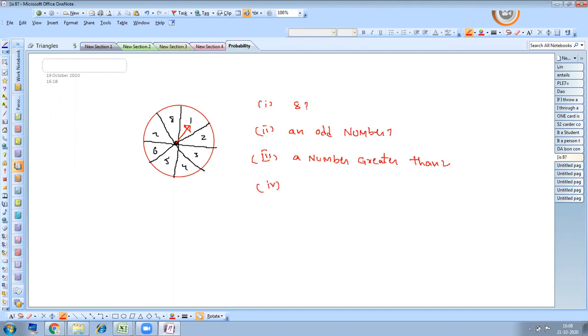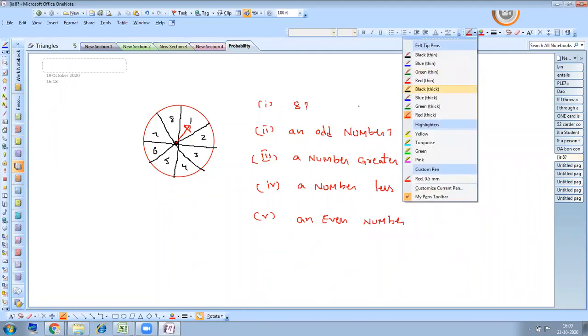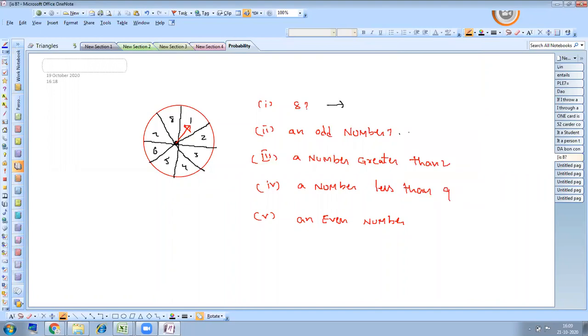A number less than 9? An even number? Calculate, solve, and let me know the answers.